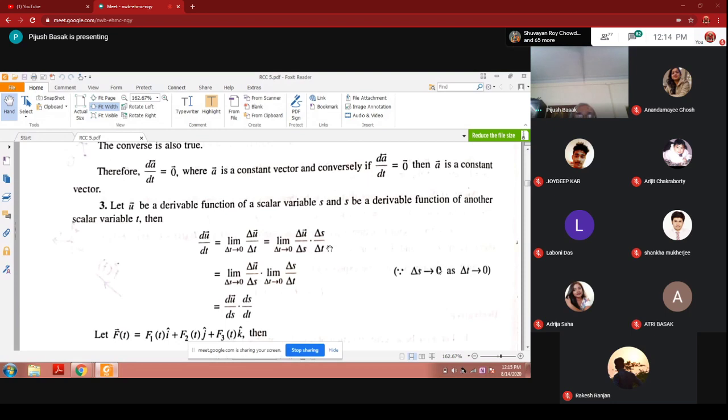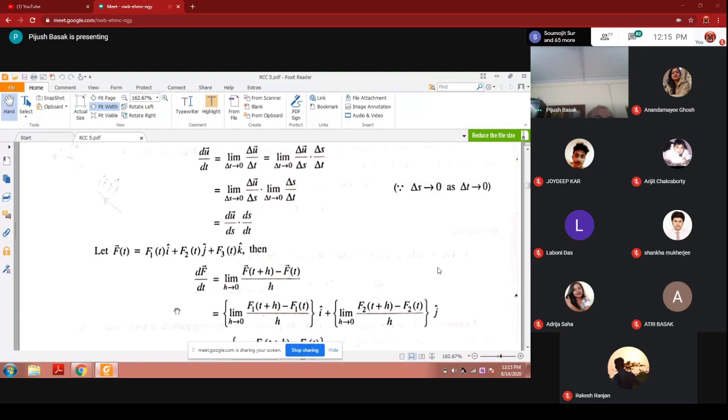Of course delta u/delta t is there, but we compensate with delta s. So multiply and divide by delta s, no problem, and just separate the limits. You will get du/dt. This is valid: du/dt may be written as du/ds times ds/dt.